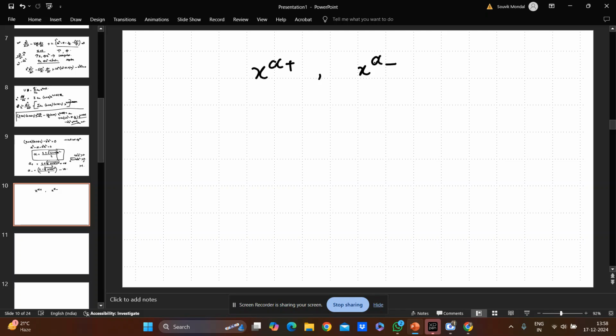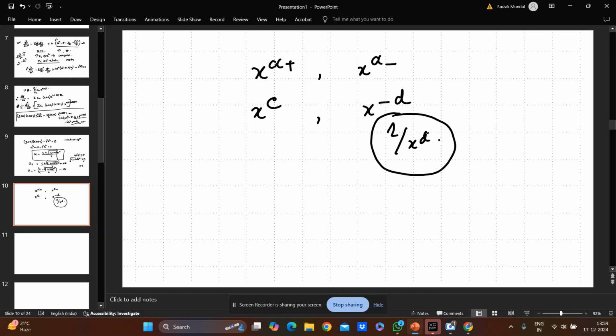As we see, alpha minus is a negative term, so let's say alpha plus has a value c, and alpha minus is a negative value, so it is minus d, so it is 1 by x to the power d, okay. So at x tends to 0, surely this term will diverge because d has a positive value.